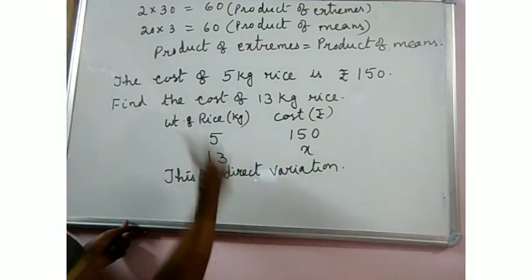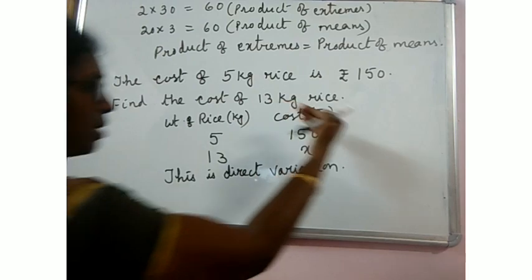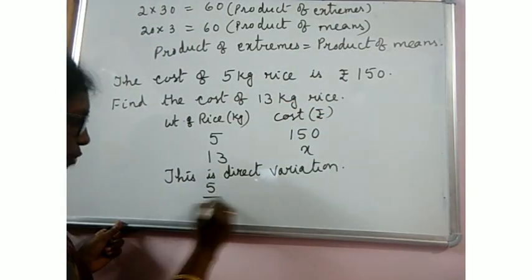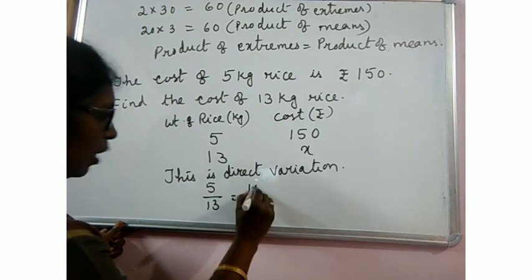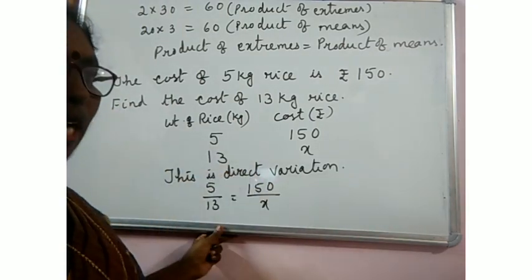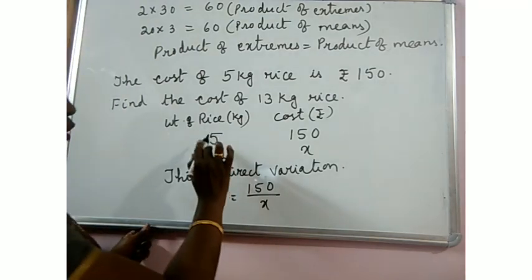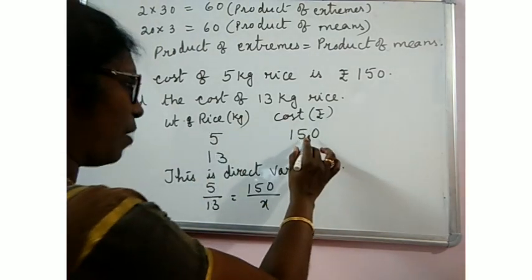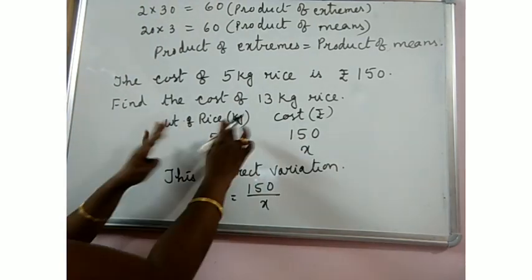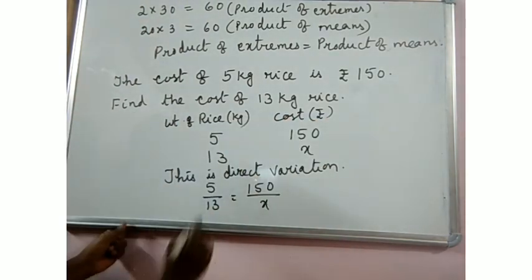In direct variation, first by second equal to first by second. That means 5 by 13 is equal to 150 by x. The other way, if you want to use the constant of variation, here it is 5 by 150. But follow this, you will get it easily.